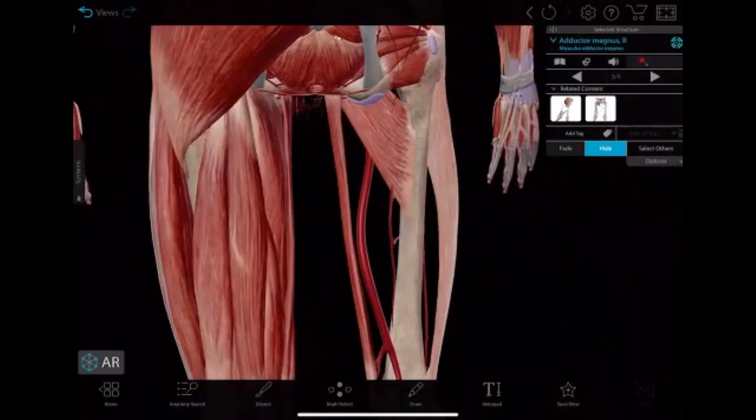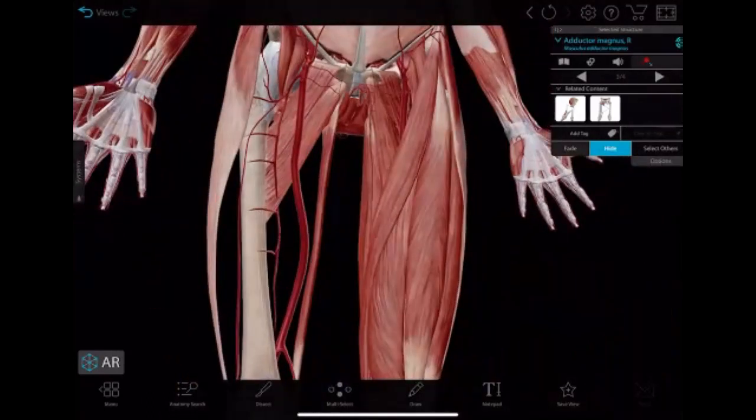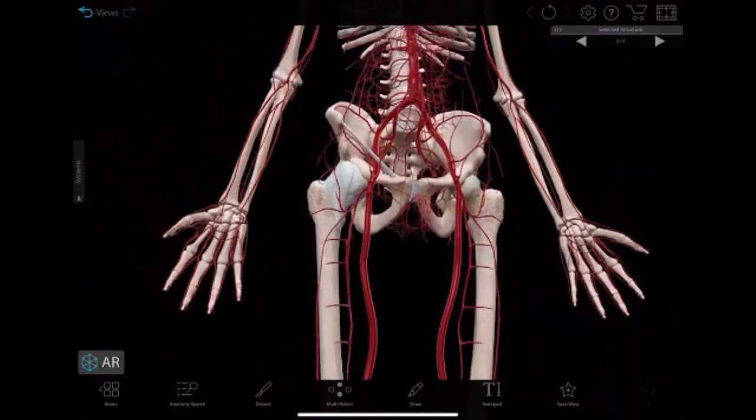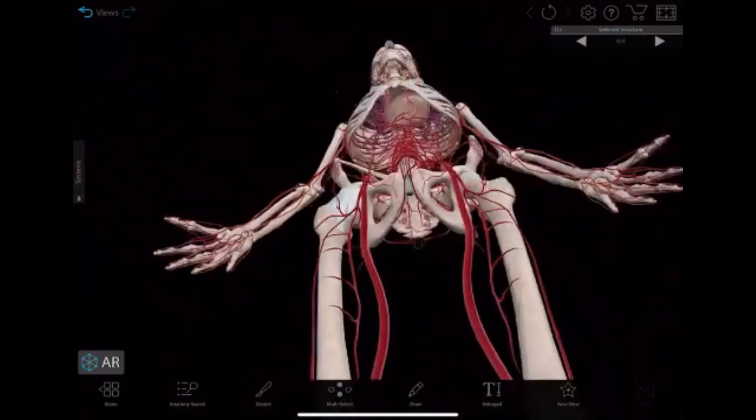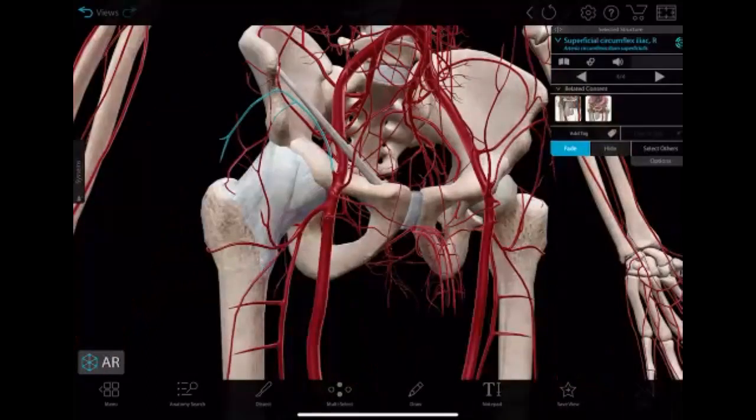Usually they should come posteriorly. I have already shown you that the ascending branch anastomoses with the deep circumflex iliac artery; the selected one is the superficial circumflex, and that is the deep circumflex iliac.